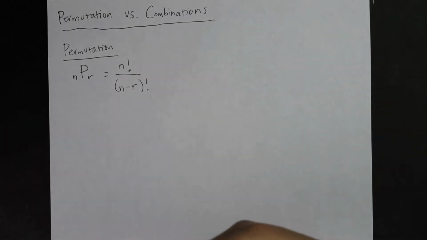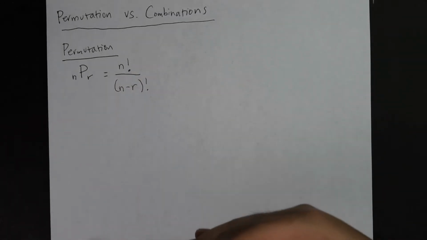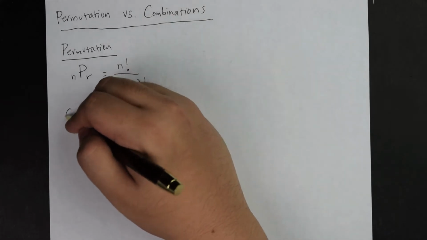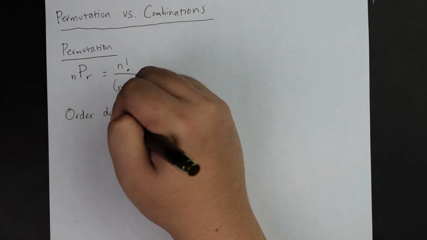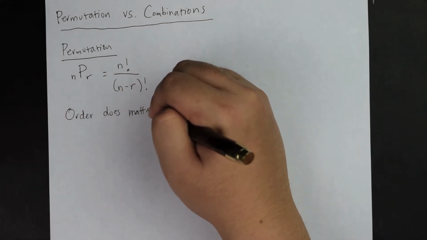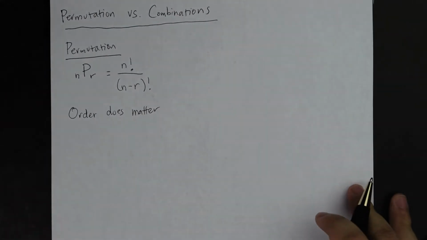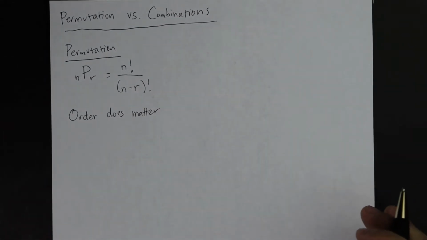Usually when permutation comes into play, it means that order does matter. Some examples I could think of off the top of my head: if I have 5 people and I'm trying to put them into a line and see how many possibilities exist, usually these people will have names.